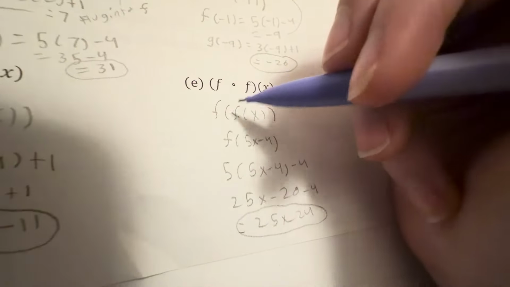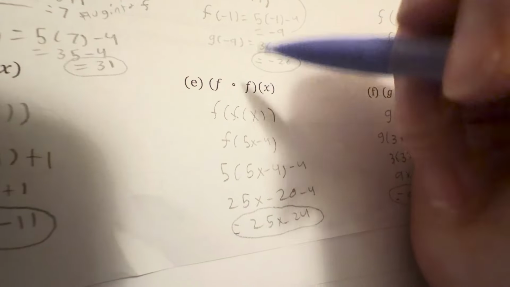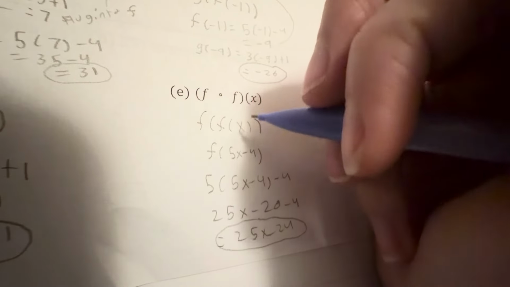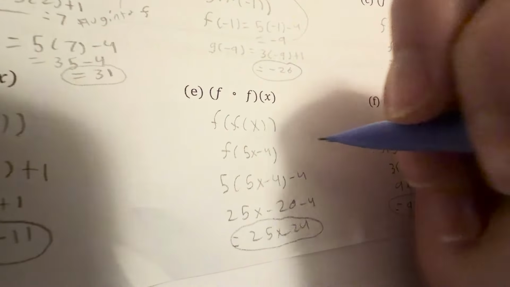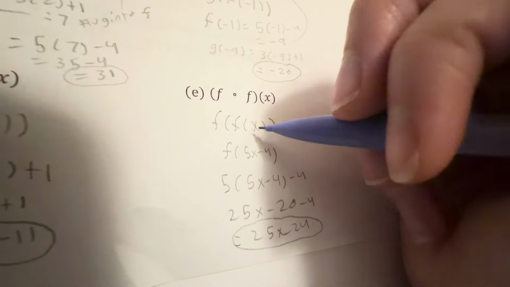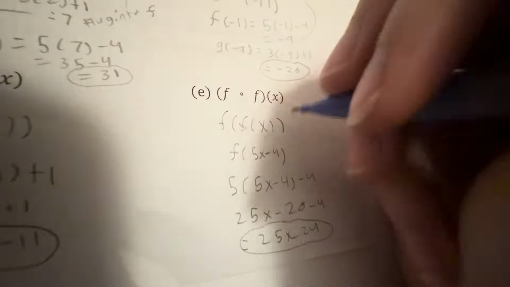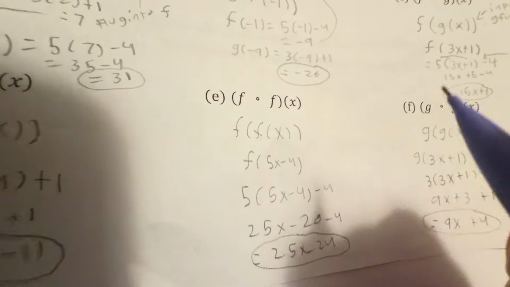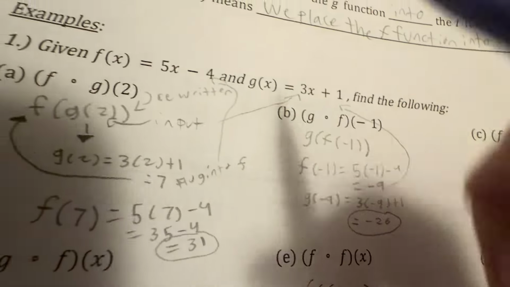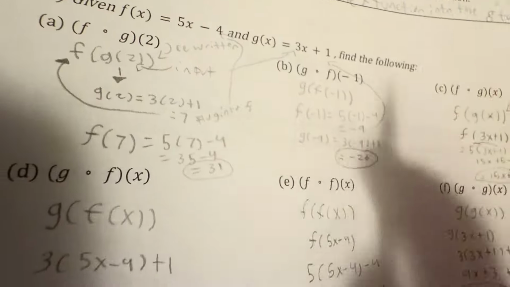So, we can rewrite this as that. It's honestly easier to understand this way, because we place that function into that function. So we can see that this is f of x, so we're going to focus just on the f of x portion of this, okay? If we look up here, we can see that f of x equals 5x minus 4.